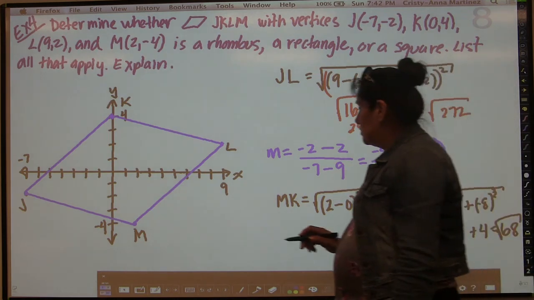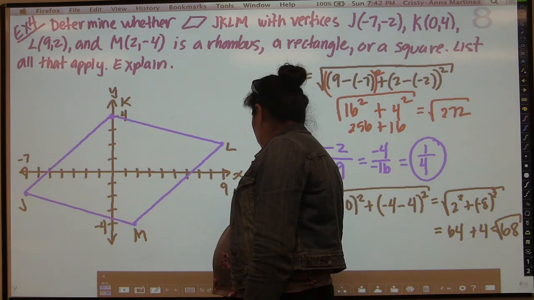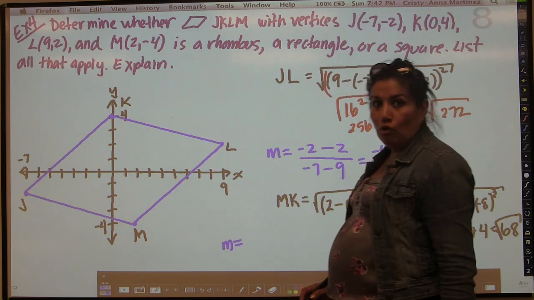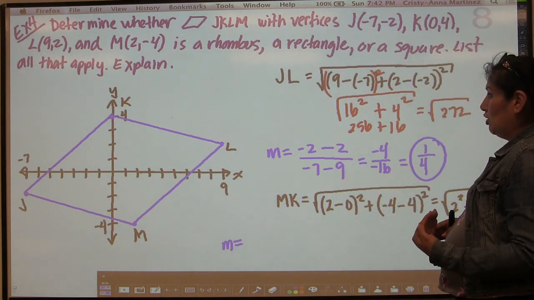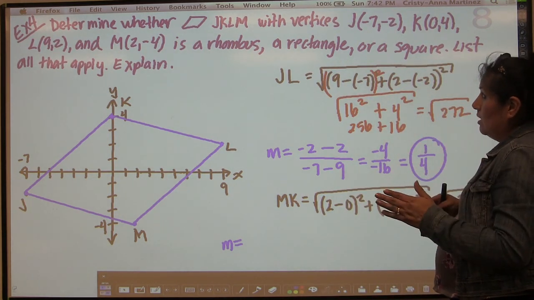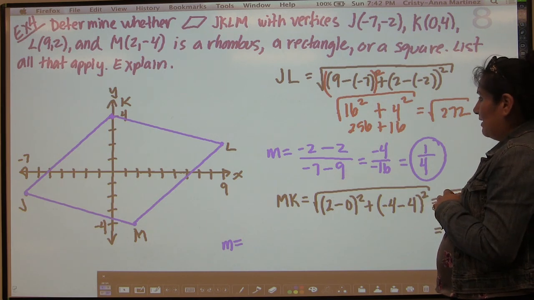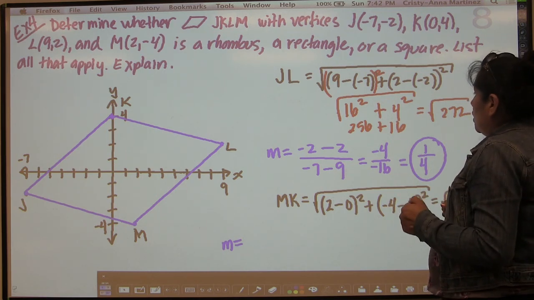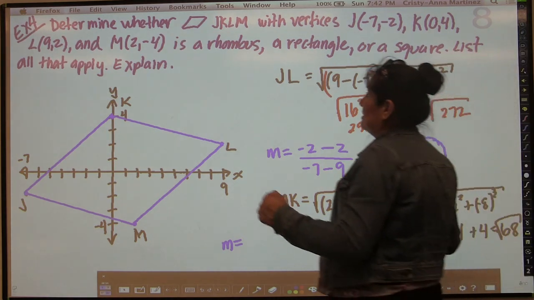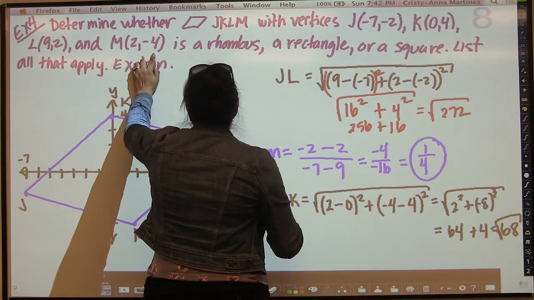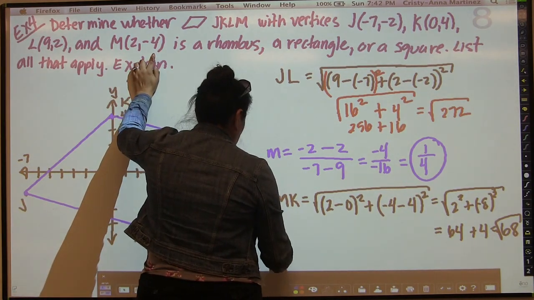So now we're going to find the slope of MK, and hopefully it'll be -4. And if it is, they will be perpendicular, and we will have proven, if you will, that it is in fact a rhombus, which is what we speculate right now. So MK. Here's M. The y-coordinate of M is -4.